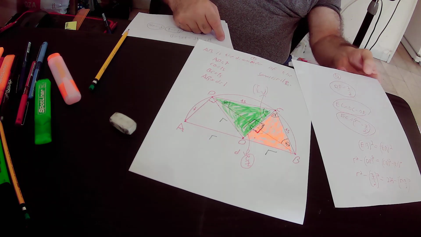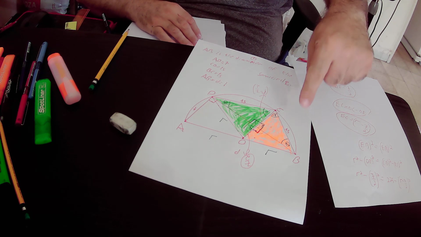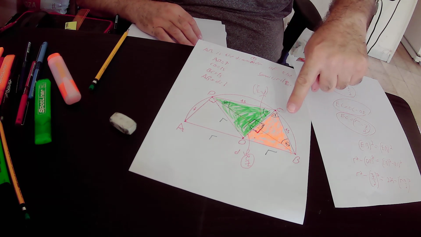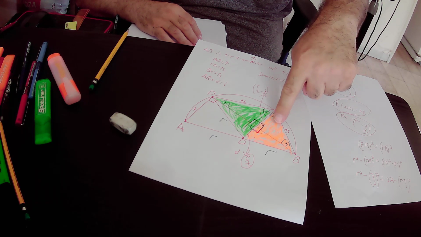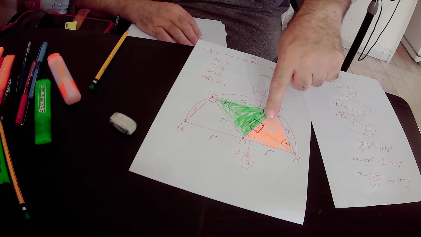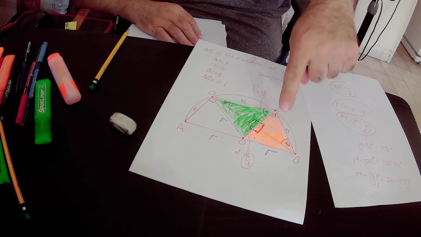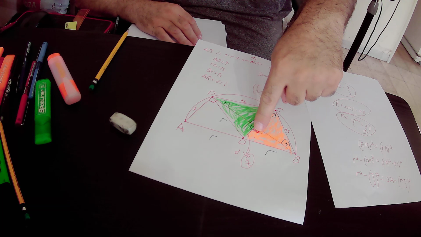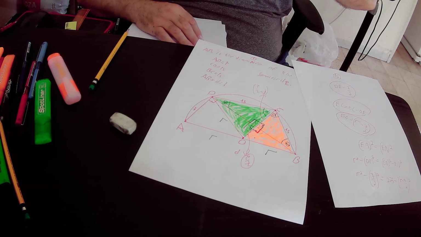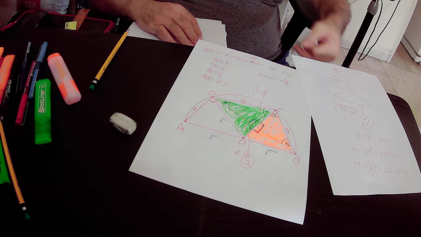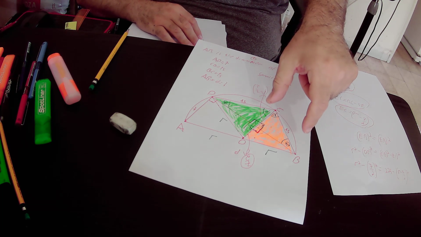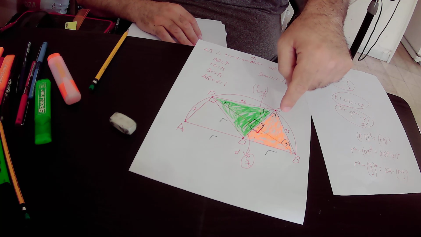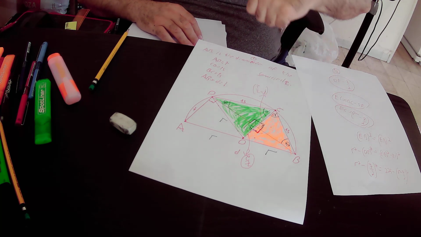And then we actually have here two right triangles. Triangle CEB is a right triangle because it has one angle that equals 90 degrees, and also triangle OEB is a right triangle because it has one angle that equals 90 degrees. And we know that side EB belongs to this triangle, and it also belongs to this triangle.